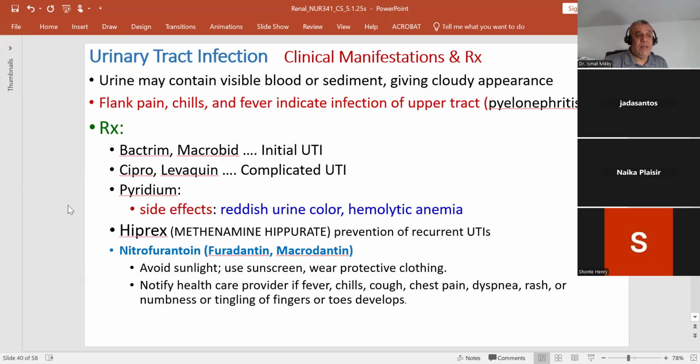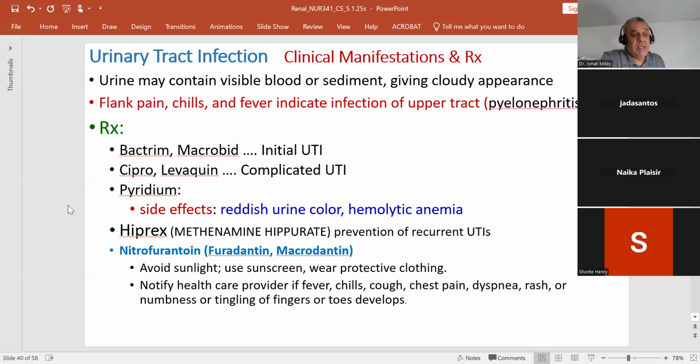So the treatment. Bactrim is a brand name, but the generic name is trimethoprim sulfamethoxazole. Bactrim is the brand name, or a trade name. Macrobid, nitrofurantoin, is also an antibiotic for UTI.